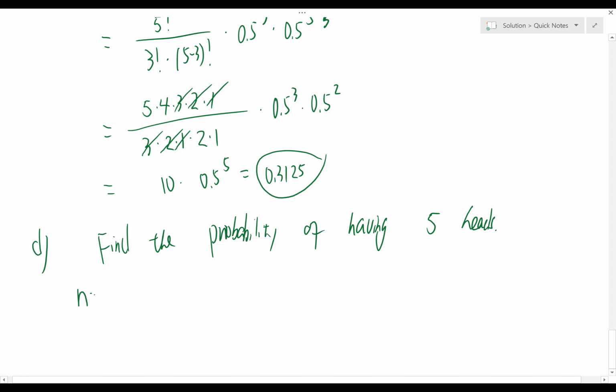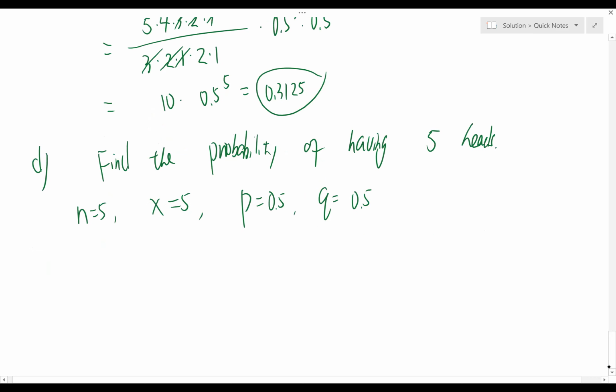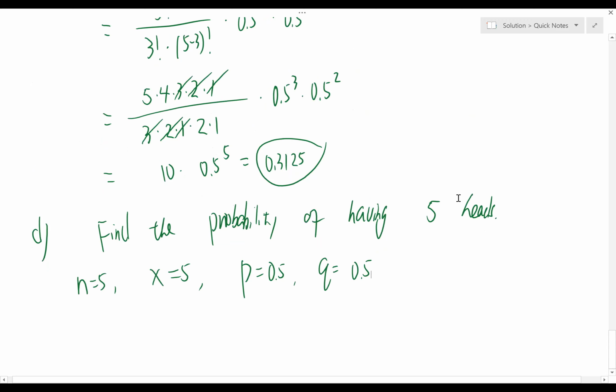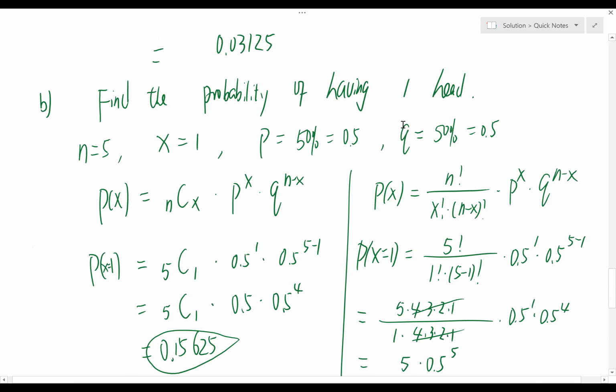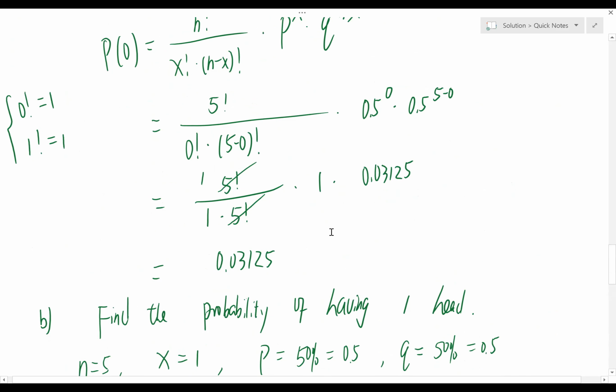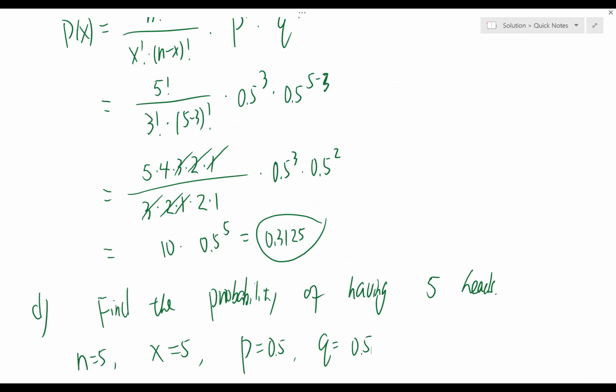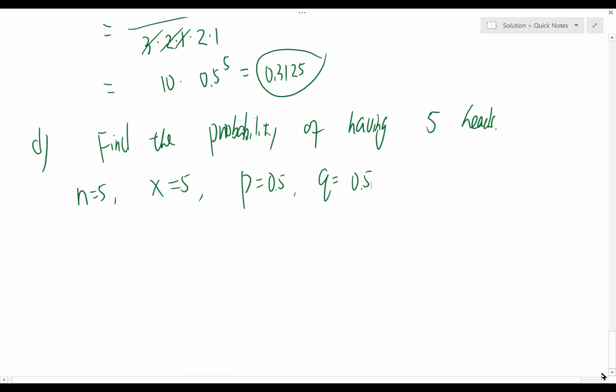So n equals 5, x now is equal to 5 heads, 5 successes, p is 0.5, q is 0.5. So apply the formula one more time. And this result will be the exact same thing. Having 5 heads and having 0 heads will have the same result. We'll see that in a second. 5 heads, 5 tails are equivalent outcomes.